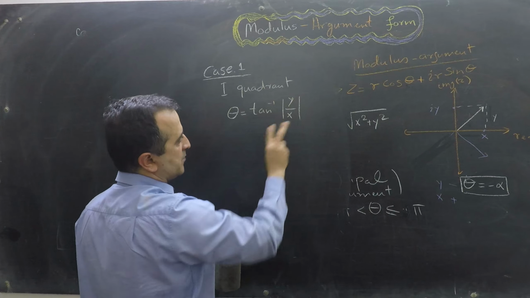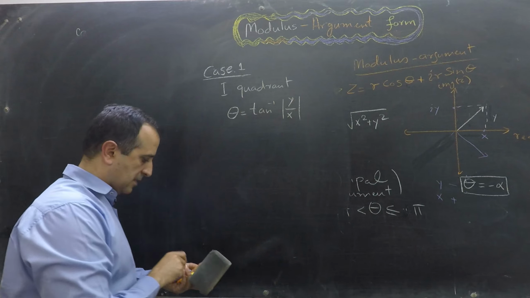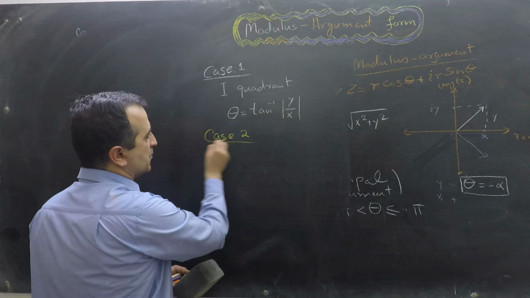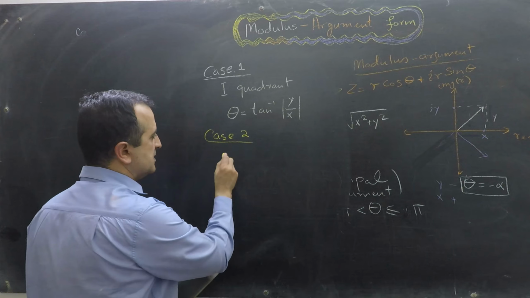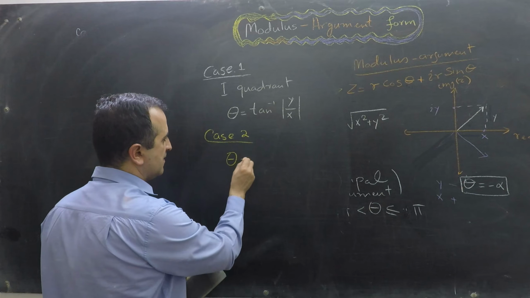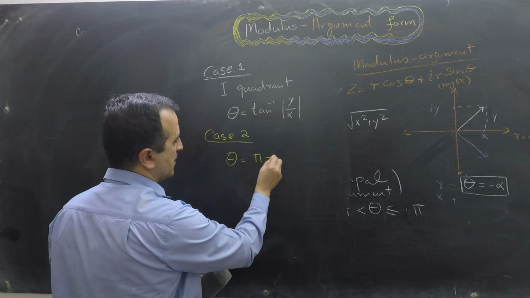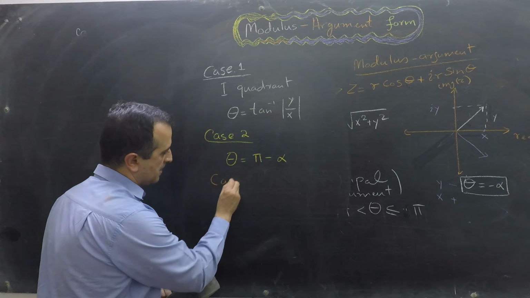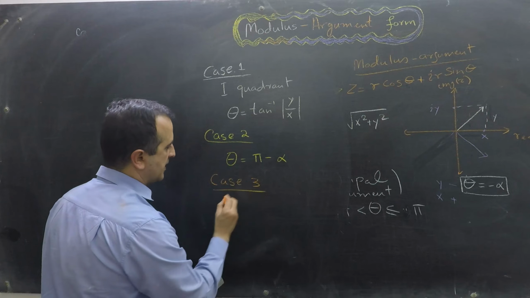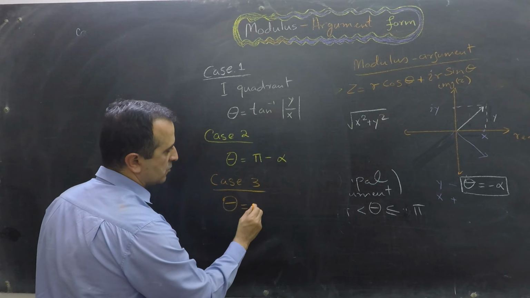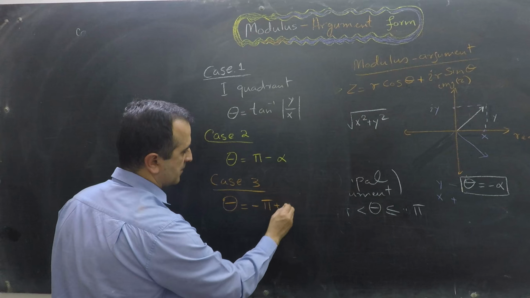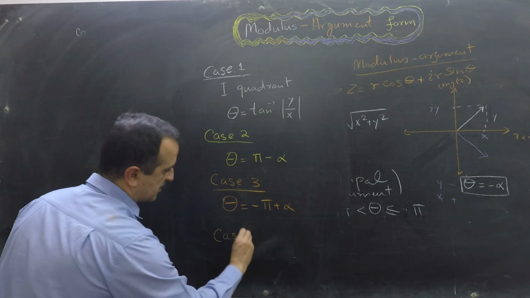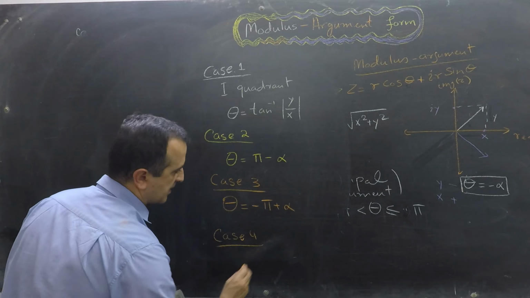I don't have to write mod here, but mod is also fine. And case 2 is that my position vector is in the second quadrant. In this case, my theta will be pi minus alpha. And then I have case 3, and in case 3, theta is equal to minus pi plus alpha.